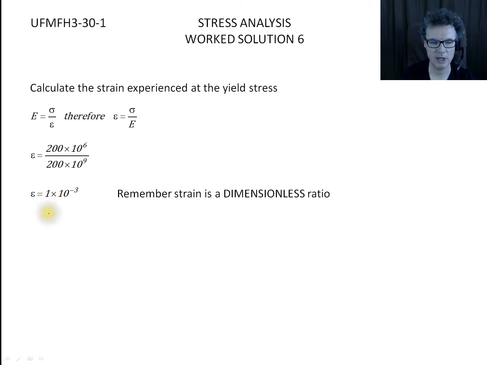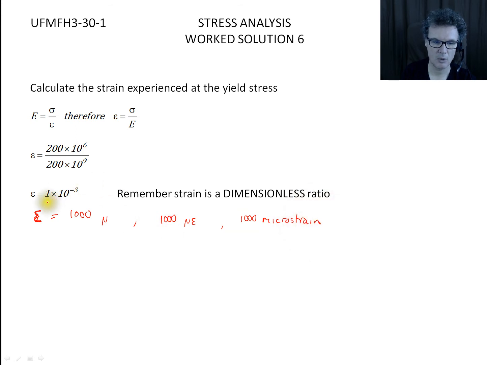Normally we work in microstrains, so this could be rewritten as epsilon is 1,000, either just with a micro, or micro epsilon, or 1,000 micro strain.